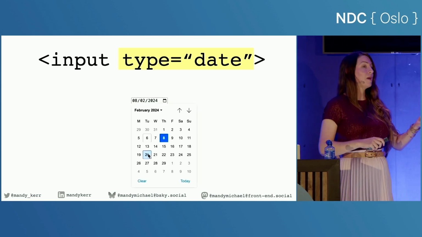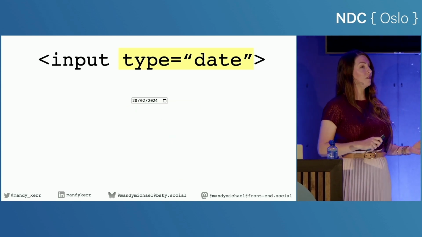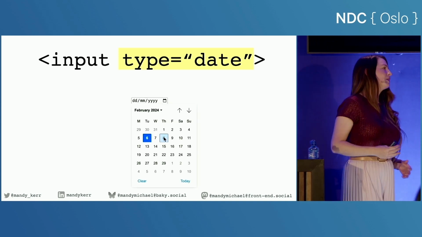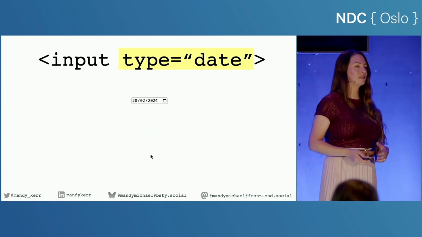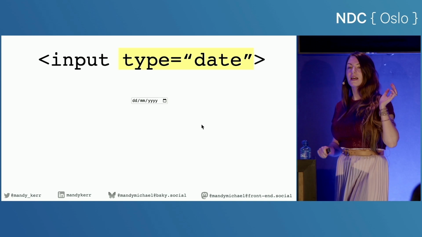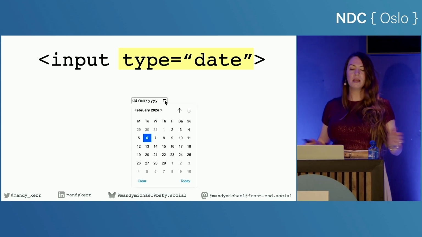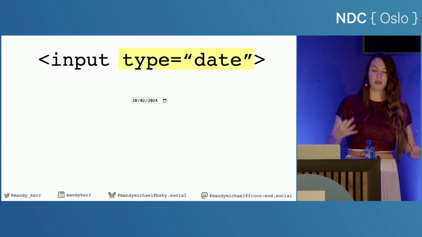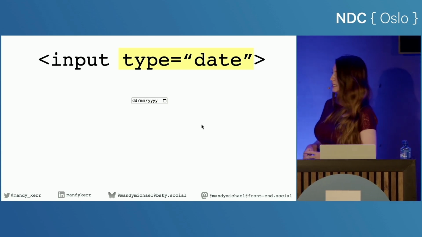There's a really great article about this by Adrian Roselli called You Might Not Need a Date Picker, and he goes into this problem and he talks a little bit about how you can make the text inputs more accessible. I've linked it in my resources. I highly recommend everybody read it because I would love for people to not use date pickers for date of birth and other similar dates.